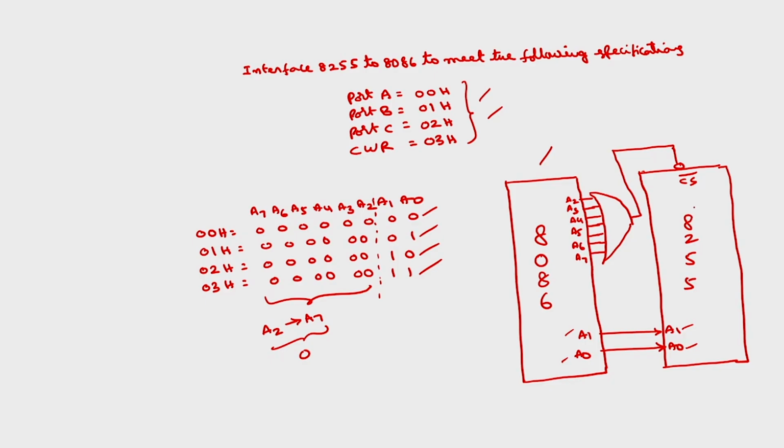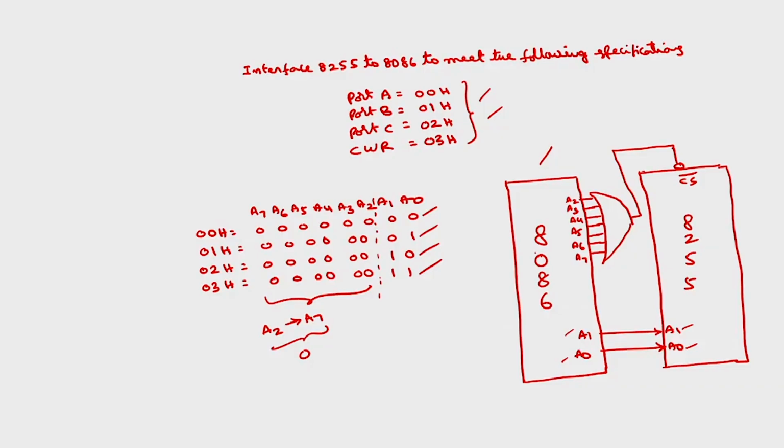The reason is this: input output devices operate on some electrical characteristics, whereas 8086 operates with other characteristics. Because of that there will be a mismatch. Okay. So in order to match the electrical characteristics of 8086 with input output devices, we need interfacing circuitry such as 8255. Okay.